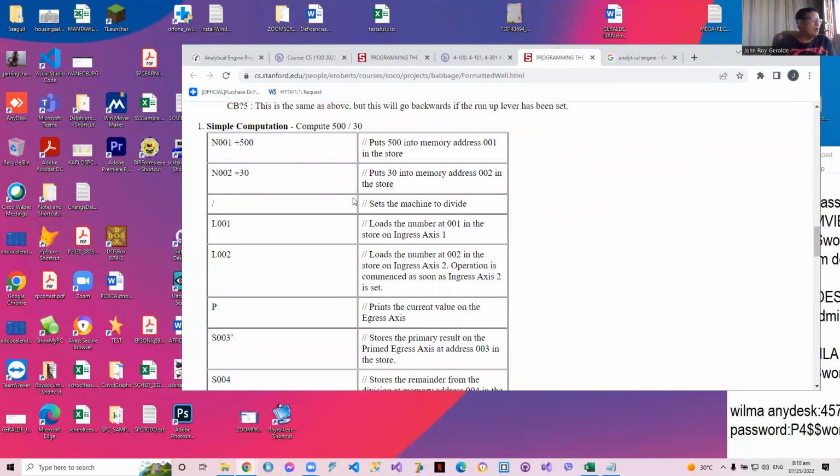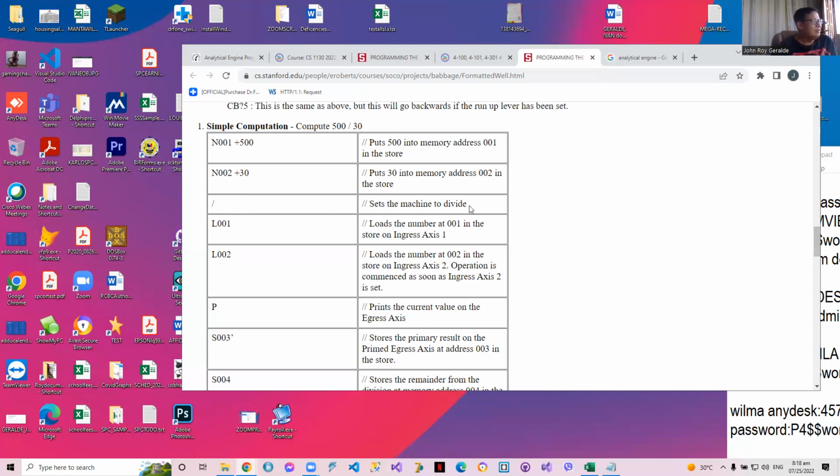Here's an example of how to compute 500 minus 30. When you say N001 500, we mean this is an assignment statement: N001 equals 500. And when you say N002 30, we mean the variable 002 stores 30. When you say divide, it sets the machine to divide.